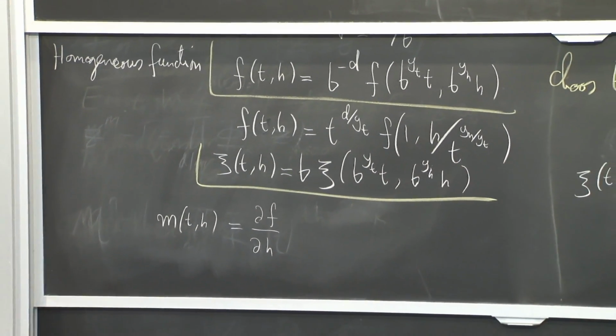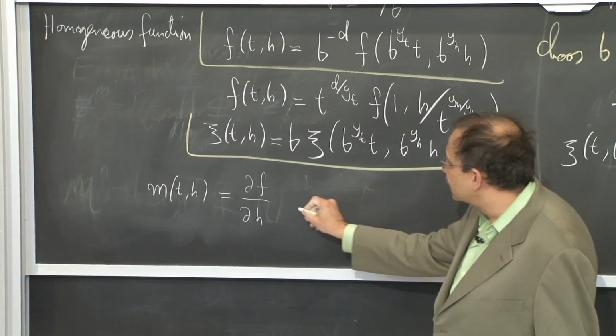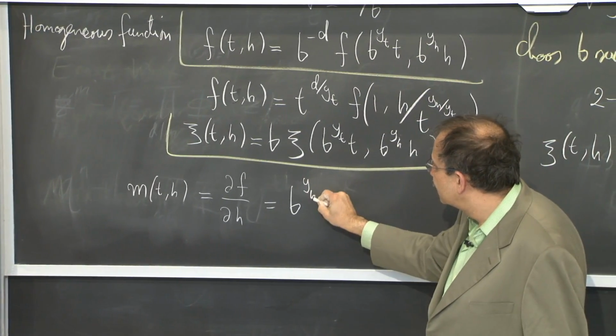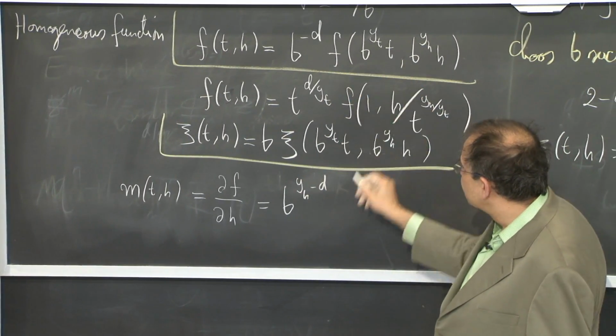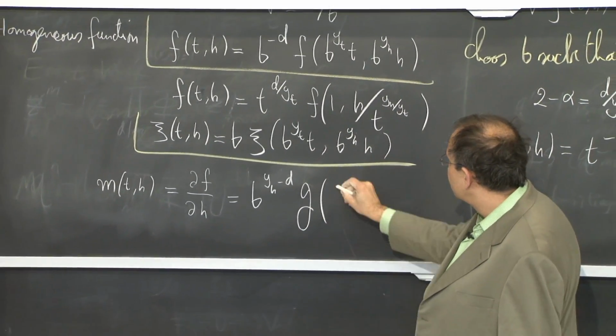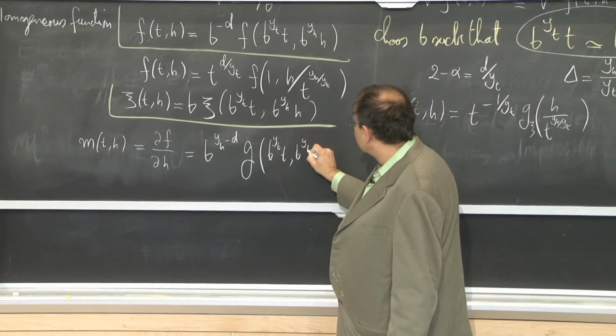If I take a derivative over there, you can immediately see that what that gives me is b to the power of yh minus d, and then some scaling function, which is the derivative of this scaling function, of b to the yt t, b to the yh h.